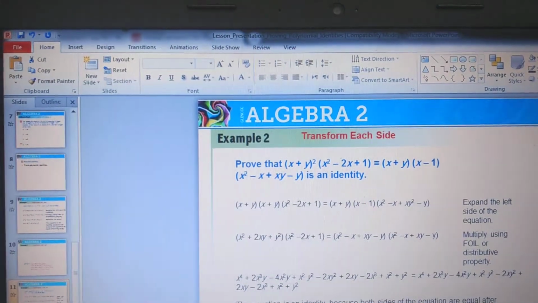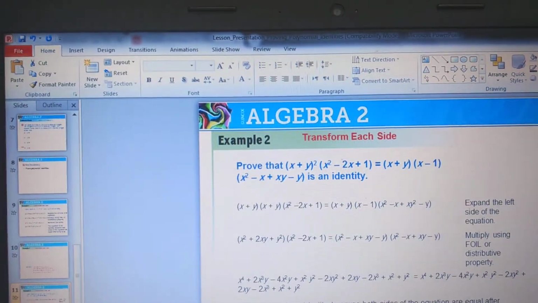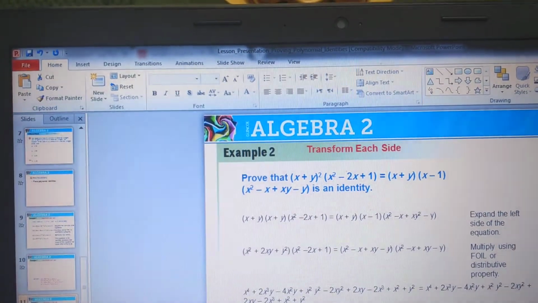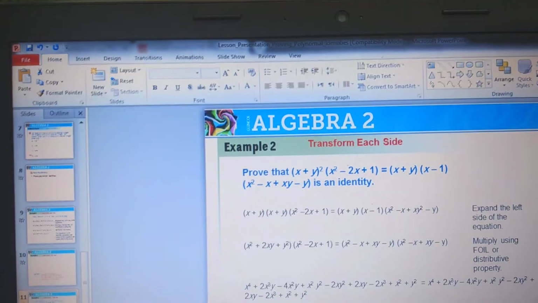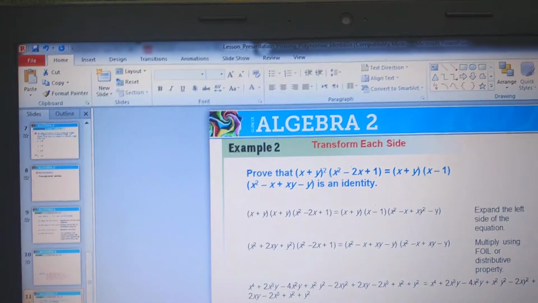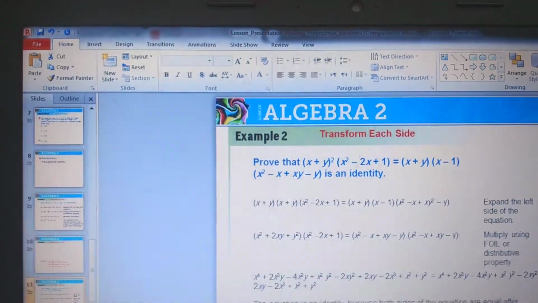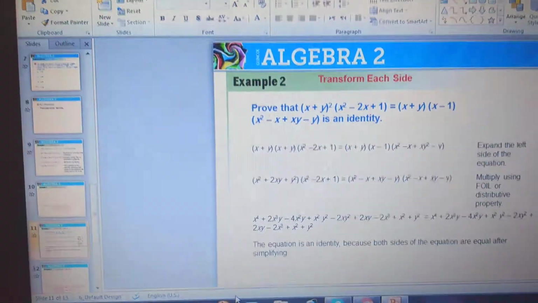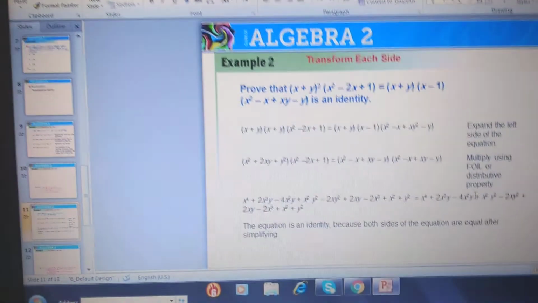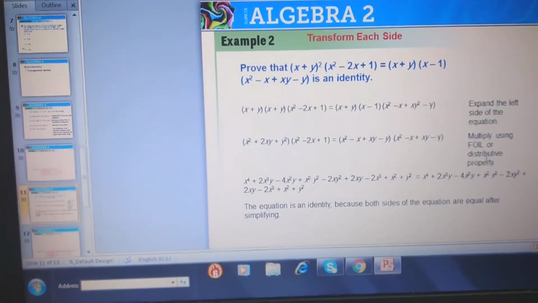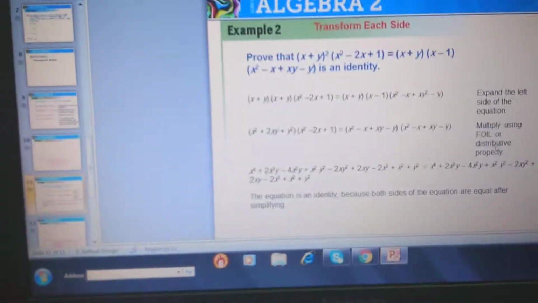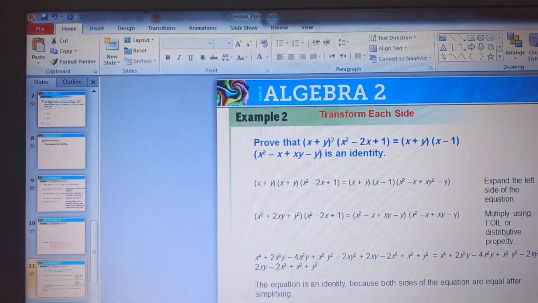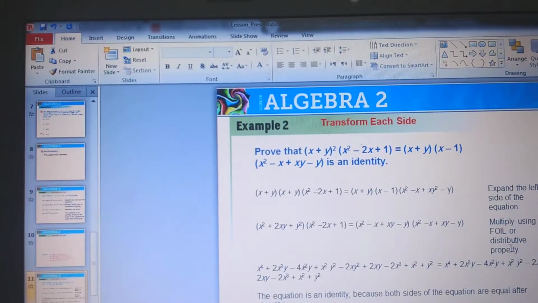Here we are going to use multiplication. As you see, he wants you to use FOIL or the distributive property. After I use multiplication, I only simplify. This is what I am going to do.